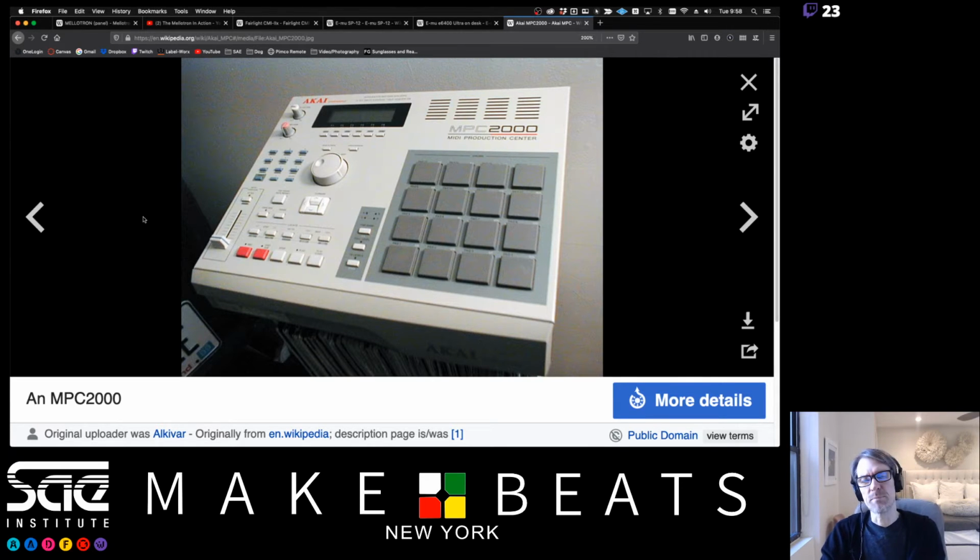The prices dropped on stuff because the technology became cheaper, because in the 80s and 90s this stuff was so expensive. It was out of the price range of most people. But nowadays you can get the Akai MPC 1, I believe it's called, for like $600 or $800 or something like that. And that's a great price. It's a great machine. If you're trying to get into sampling, that's a great place to start.